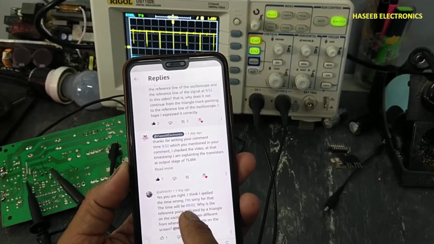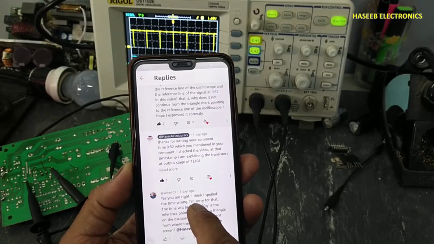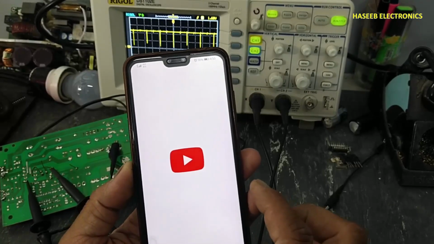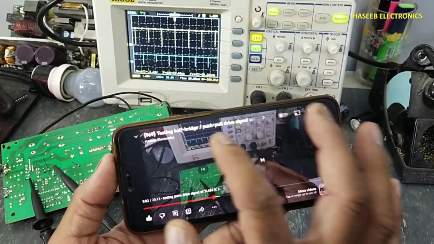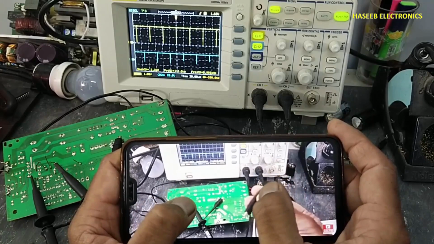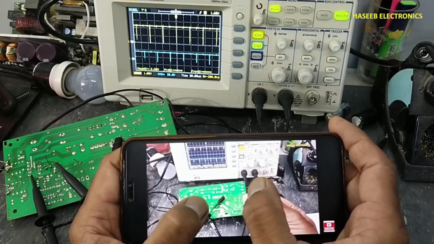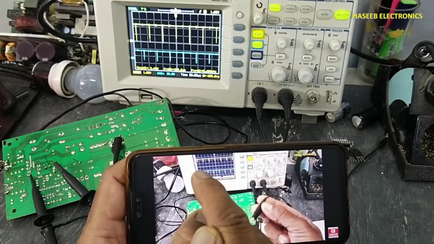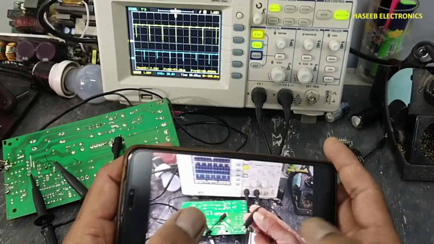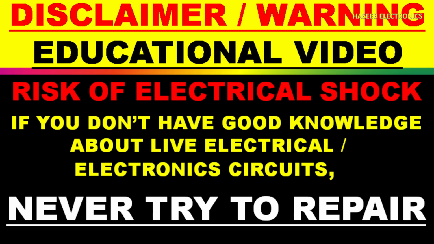He mentioned the time. At 9 minutes 2 seconds, he said this signal is slightly upside. So let's see it practically.